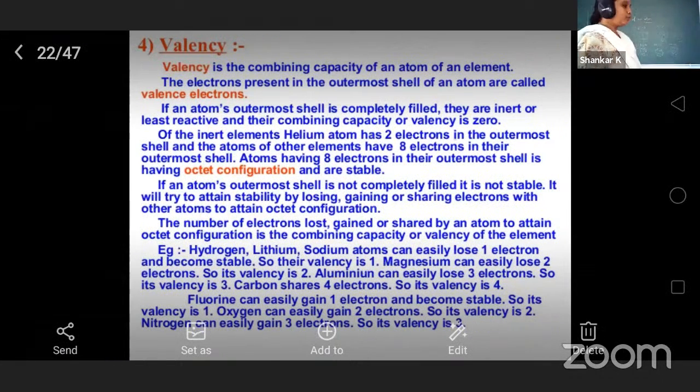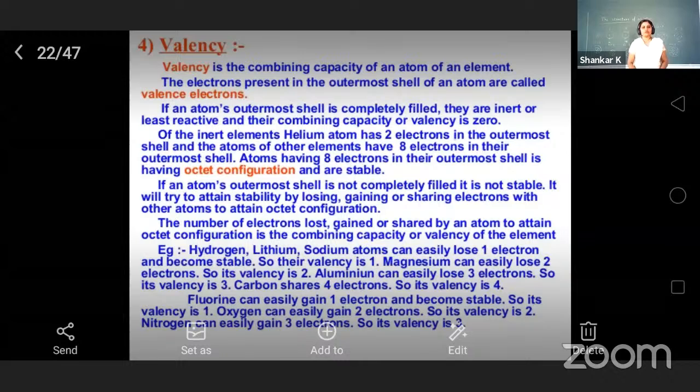Then we have found the valency also, my students. In the last lesson, all of you learned how to find the valency number. Yes or no? So valency is the combining capacity of an atom. We have found the electronic configuration, no students?